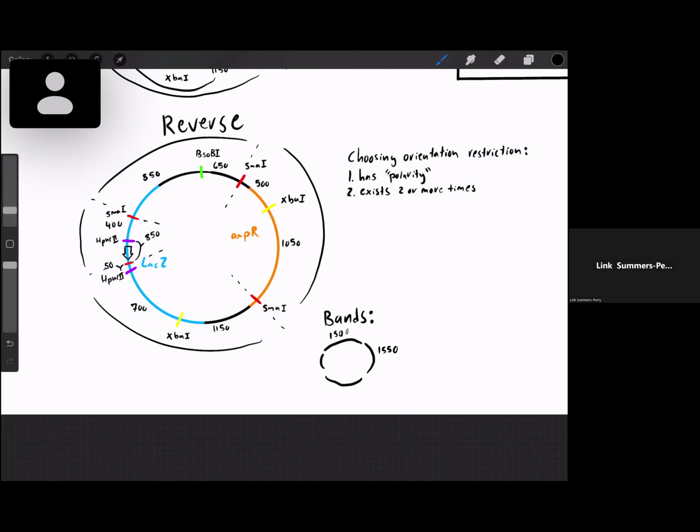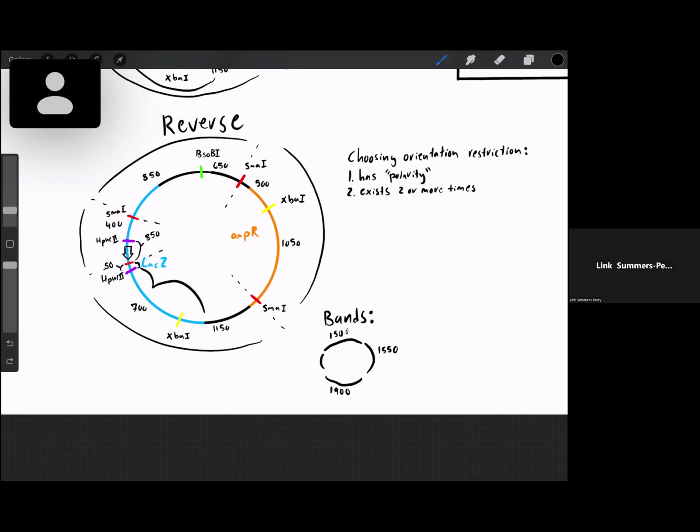And then we have 1,150 plus 700. And this time, instead of having 850, we're adding 50 because it's the reverse orientation. We're just taking this distance here, plus this distance here, plus this distance here. So 1,150 plus 700 plus 50 gives us 1,900. And then now we have 850.